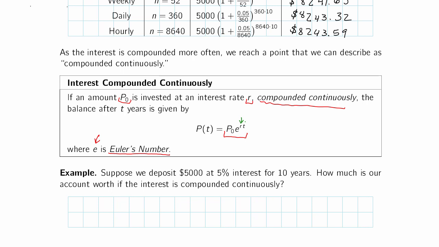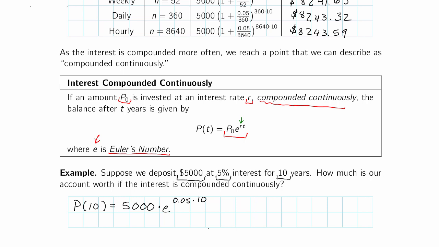For now, let's just notice that if we use the interest compounded continuously formula for this $5,000 investment at 5% for 10 years, we get that P of 10 is 5,000 times this number E, and this is just a number, although I haven't told you what it is yet, to the interest rate is 0.05 times 10.